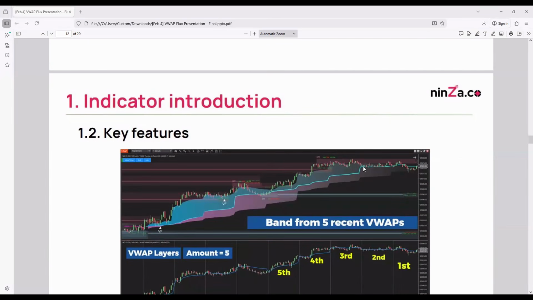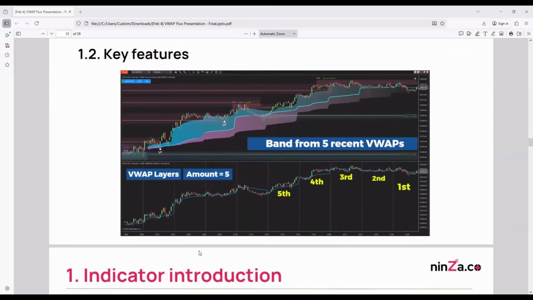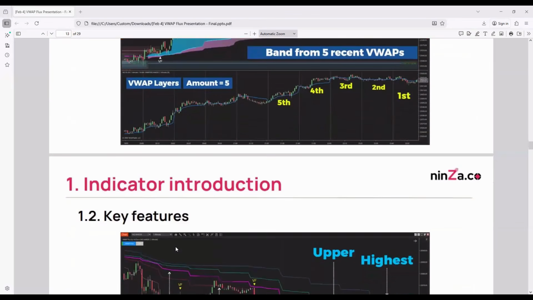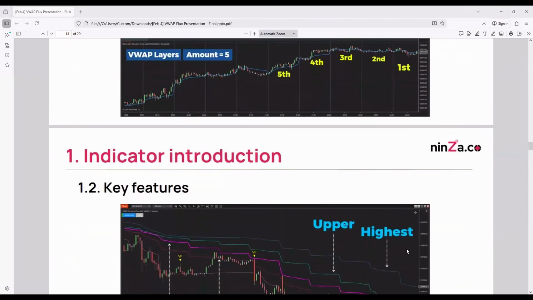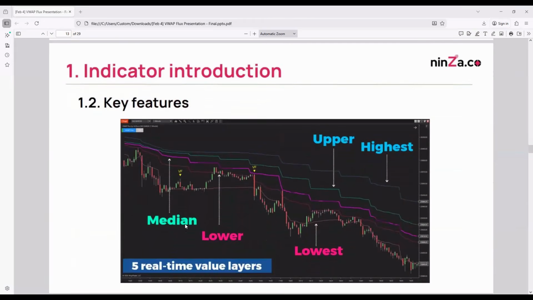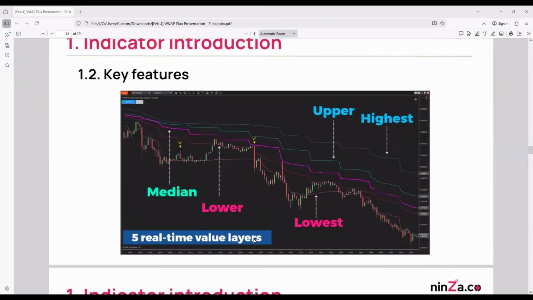Any kind of a pullback, obviously, is just an opportunity to buy. Yeah, so these are just the different bands. They're based on prior VWAP values.